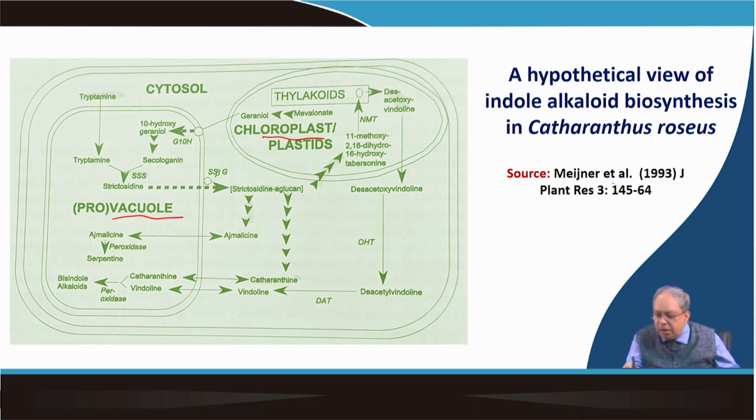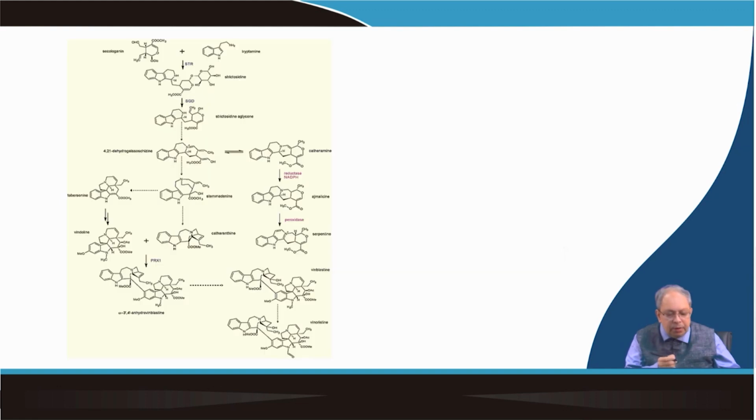As early as 1993, this paper was published in the Journal of Plant Research by Meijer. This is from Robert Verpoorte's group from Leiden, Netherlands. They first gave the overview of the involvement of different compartments, and later research has confirmed that.